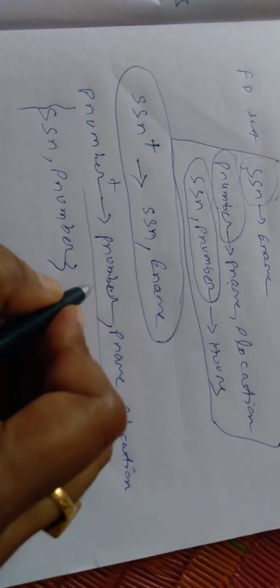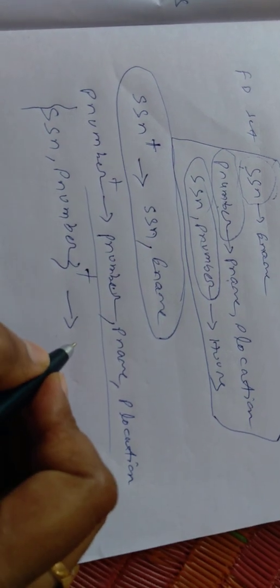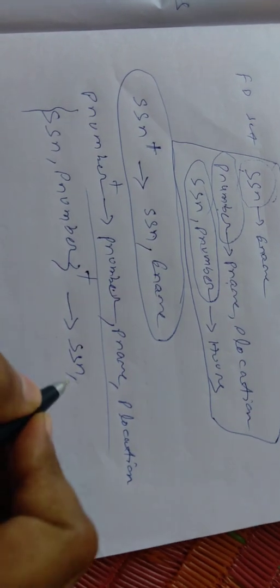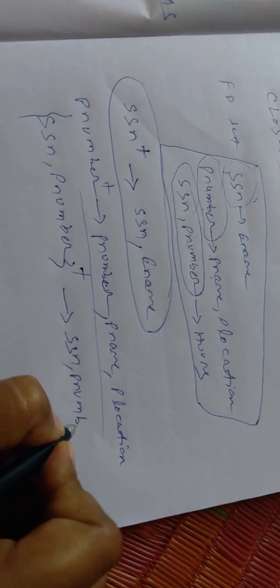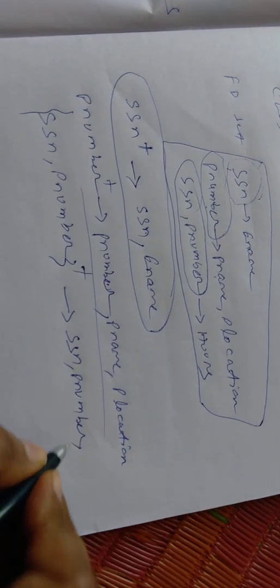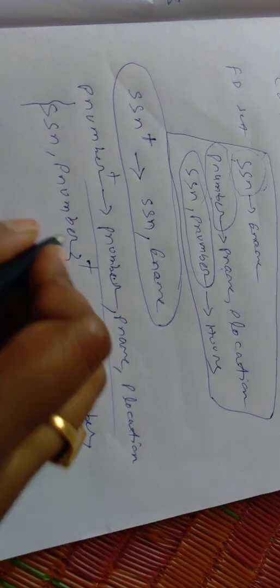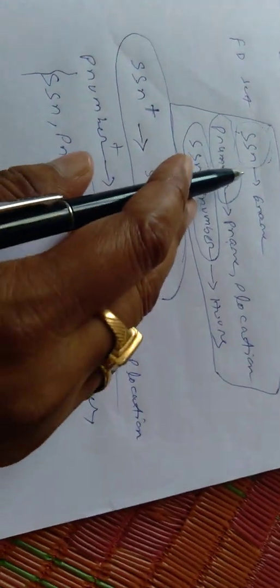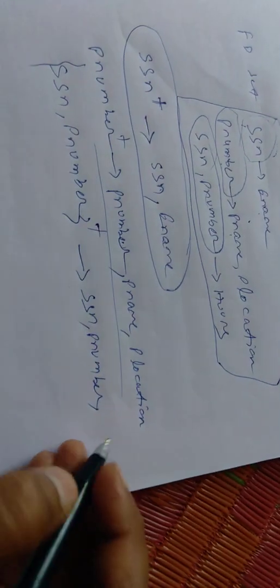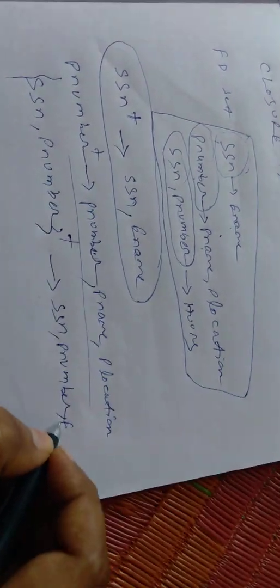combinedly will be what? SSN and p number themselves will be there, then any other attribute which they are deriving either individually or combinedly. Individually, SSN is deriving ename, so ename will be there.